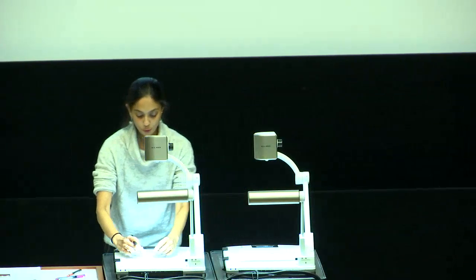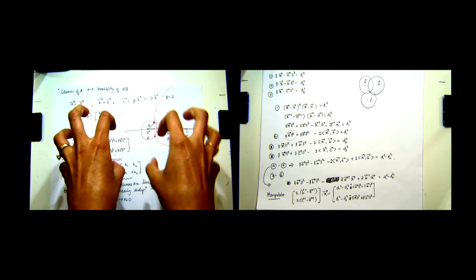Great question. The question was, what if instead of having these two intersections, we had two circles that were just tangent to each other, right? You're thinking about something like this. Right? So in that situation, you would be able to get this unique solution out, but it would be by chance.